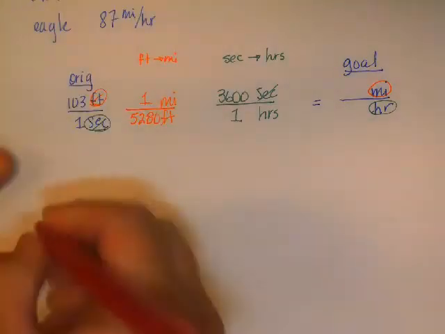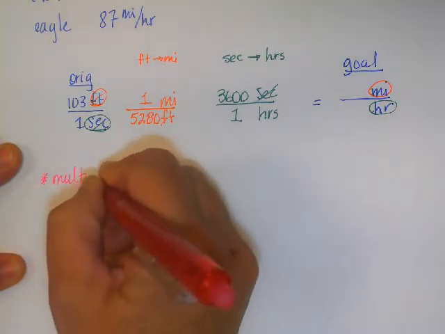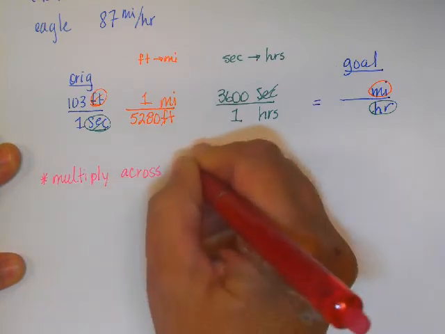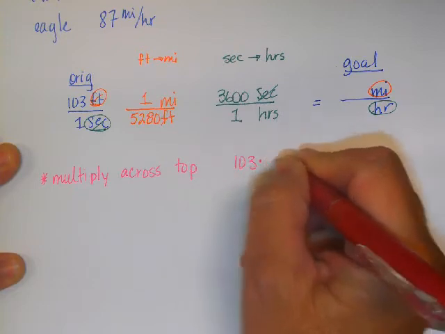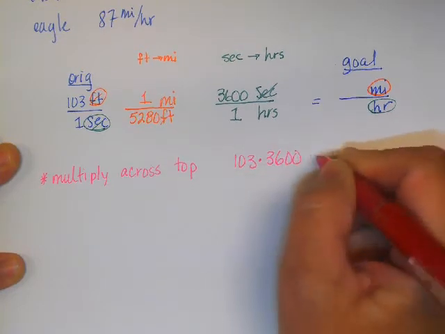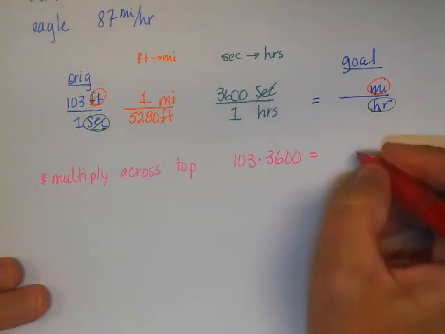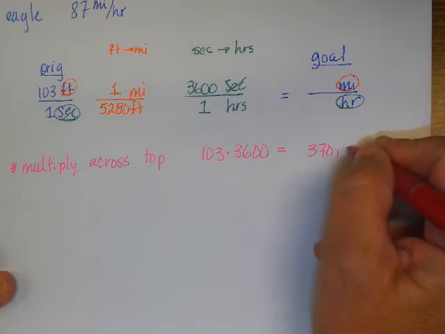And then you're going to multiply across the top. So that's going to be 103 times 3,600. Okay, and that's going to be 370,800.